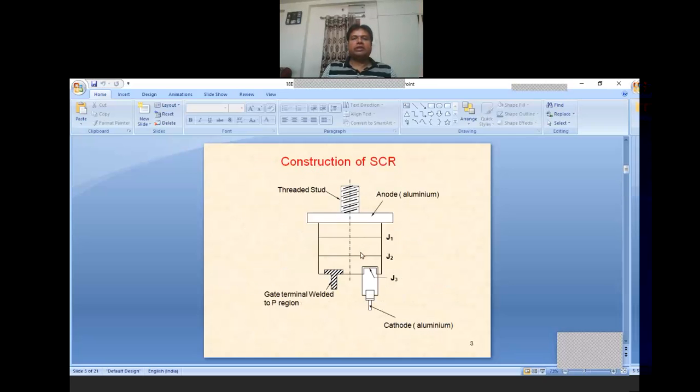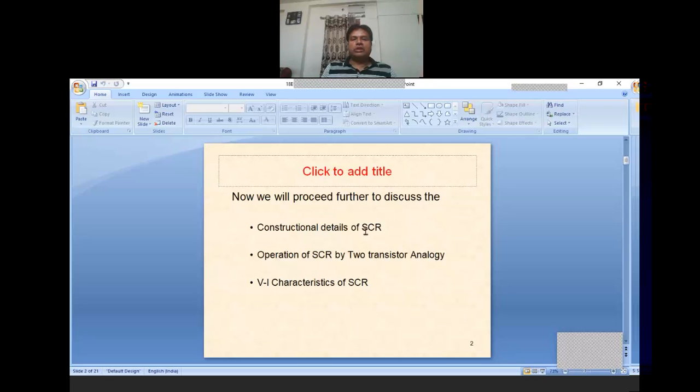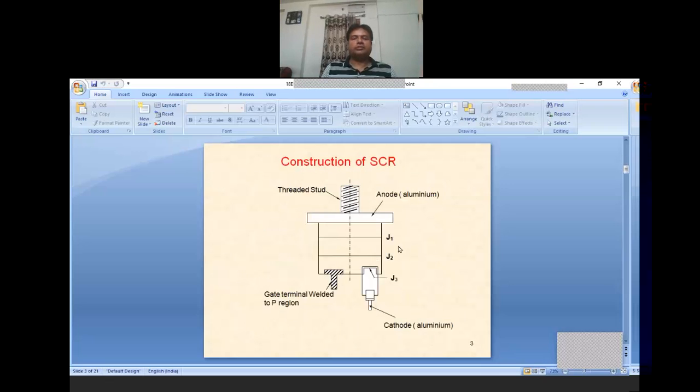First, to start with, we will go through the construction details of SCR.